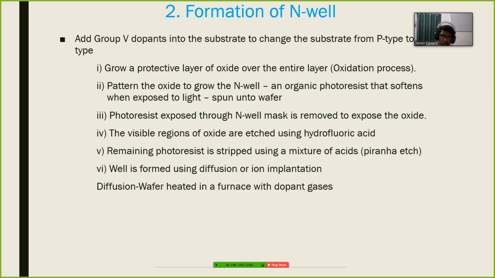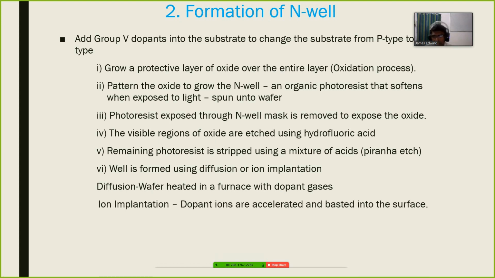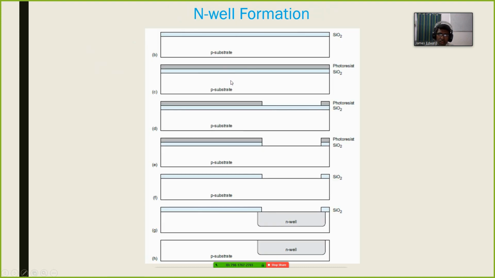The donor impurity ions will be selectively diffused. The next option available is ion implantation, where the dopant ions are accelerated and blasted into the surface. Finally, any unwanted regions of oxide are removed using hydrofluoric acid, as we saw in the earlier step. So the formation of the N-well takes place in a sequence of 7 steps, which can be seen here.